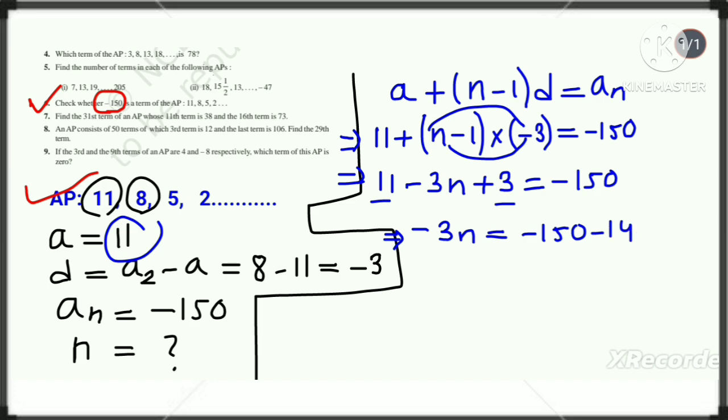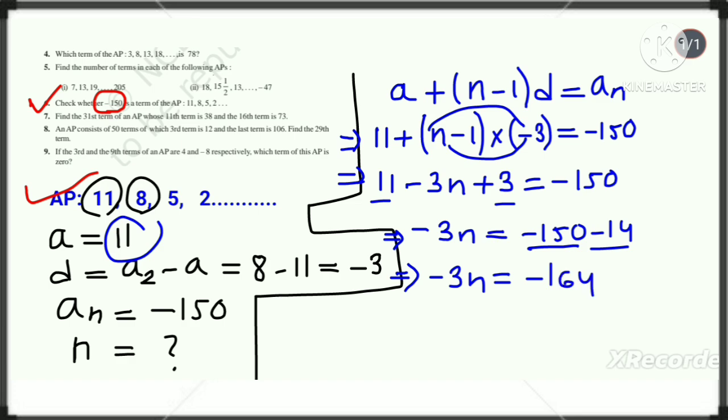Now again, minus 3n equals, and minus 150 and minus 14, after adding we obtain minus 164.